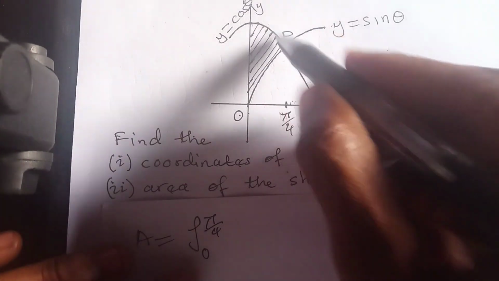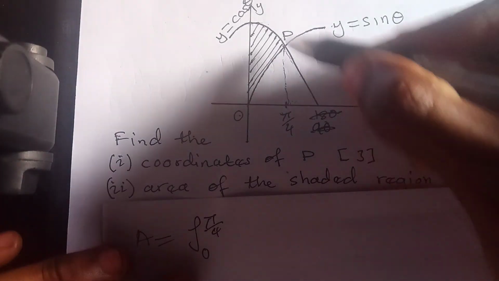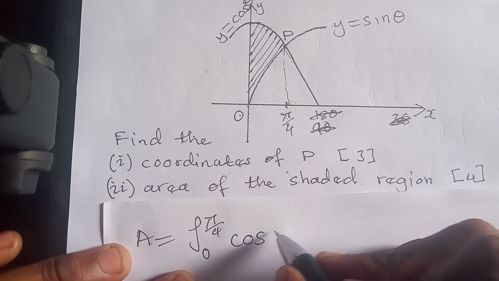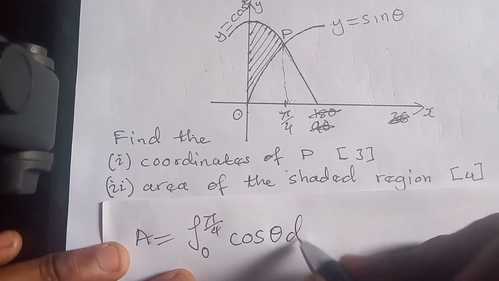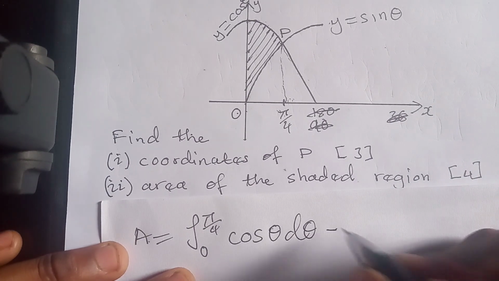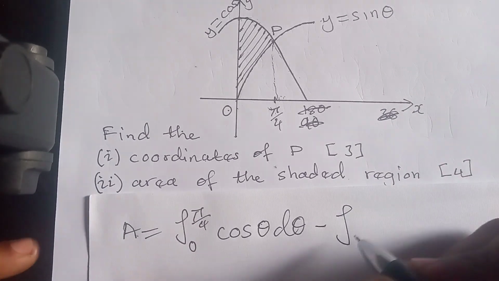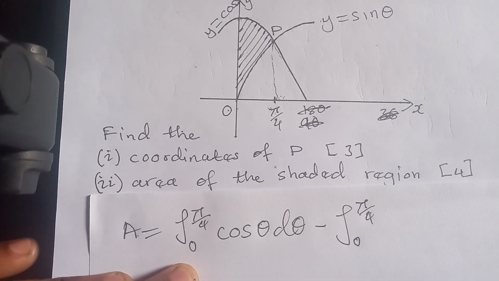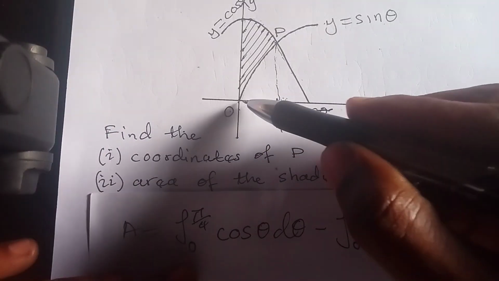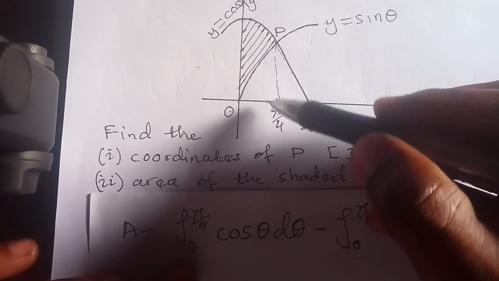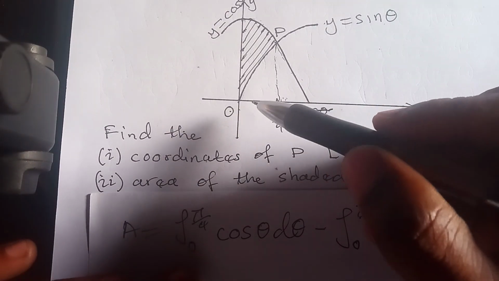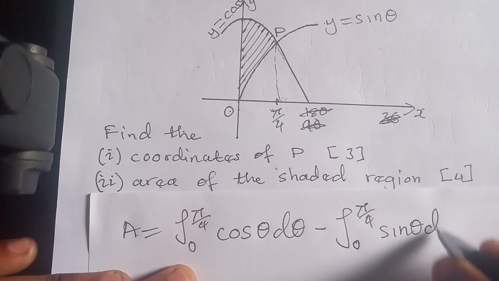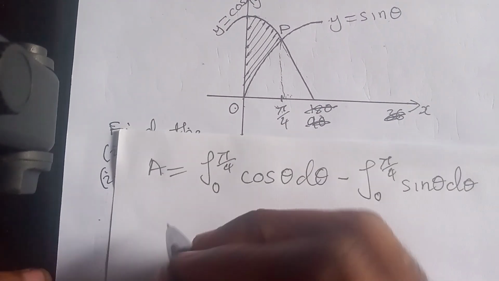This is the bigger area, which will give us the area below this curve. Then you can subtract the area from 0 to pi over 4 of this function here, which will give us the area below this. So once you subtract, you have the area of the shaded region with respect to theta.